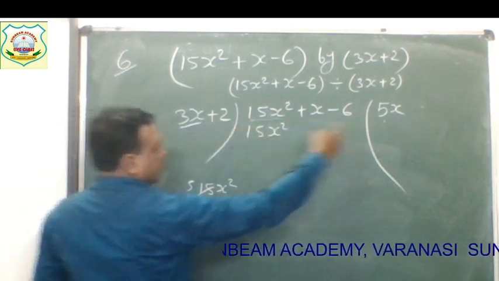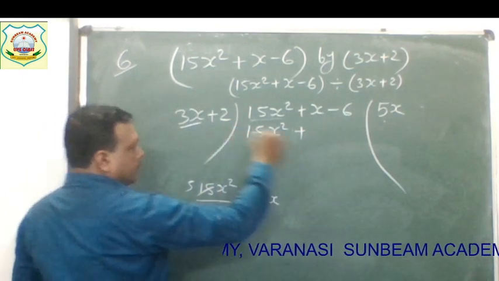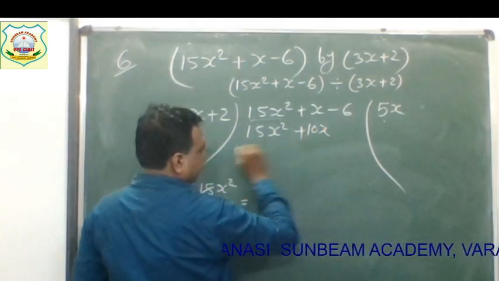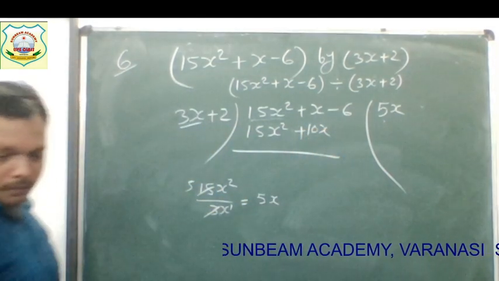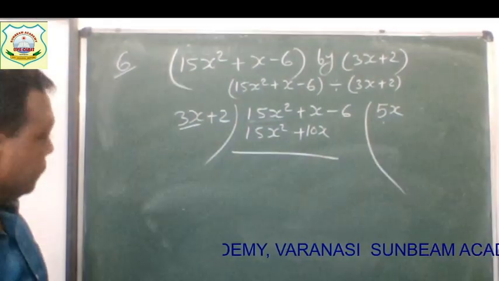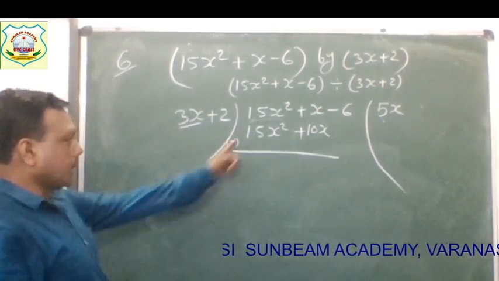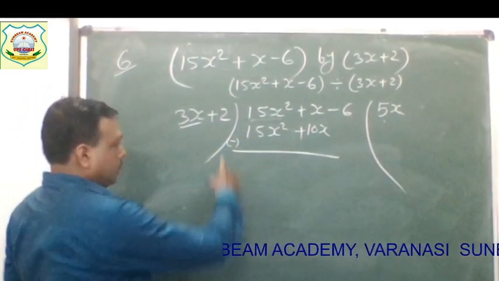Now here plus, here also plus, plus into plus, 5x into 2. 5 times 2 is 10x. Here is minus. What signs are here? Plus, minus.